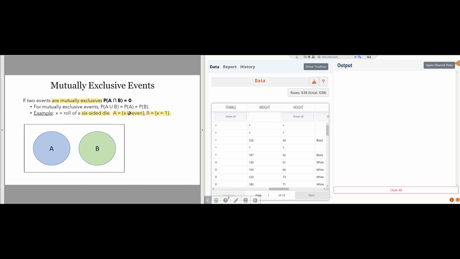Well, the probability that we got an even value is 0.5 because 2, 4, and 6 are half of the possible outcomes that might occur. The probability that we rolled a 1 is 1 out of 6. Okay? But they are mutually exclusive events. If A occurs, that means that we rolled either a 2 or a 4 or 6. So B cannot have occurred. And vice versa. So A and B are mutually exclusive events in this case.